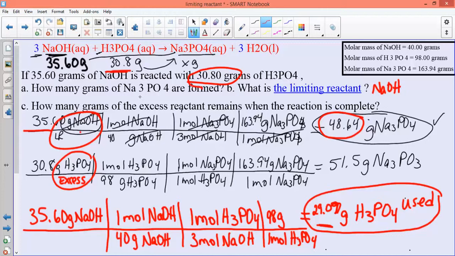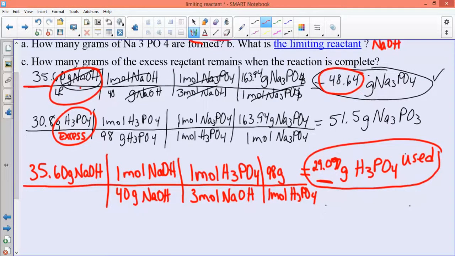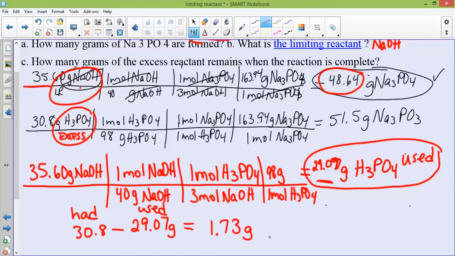So for C part, I just say 30.8, which is what I had to begin with, given in the problem, subtracted from 29.07 grams, which is what I used, equals 1.73 grams of phosphoric acid left. And that is the answer to C part.